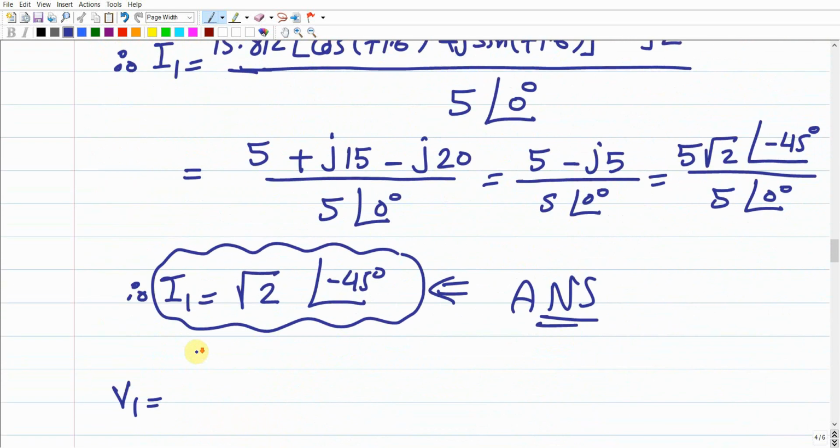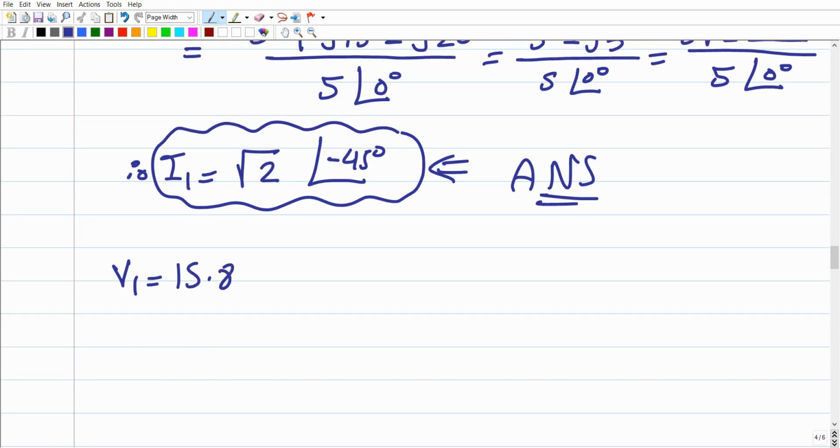So definitely it's going to be 15.812, which is the magnitude, and for the angle, we're just going to add here the cosine. The omega is just 1, so it should be t, plus the angle, which we got as 71.6 degrees. This is going to give us V1 in the time domain.